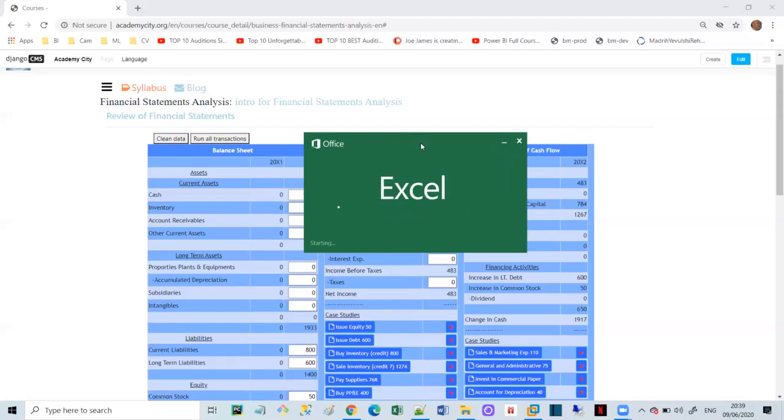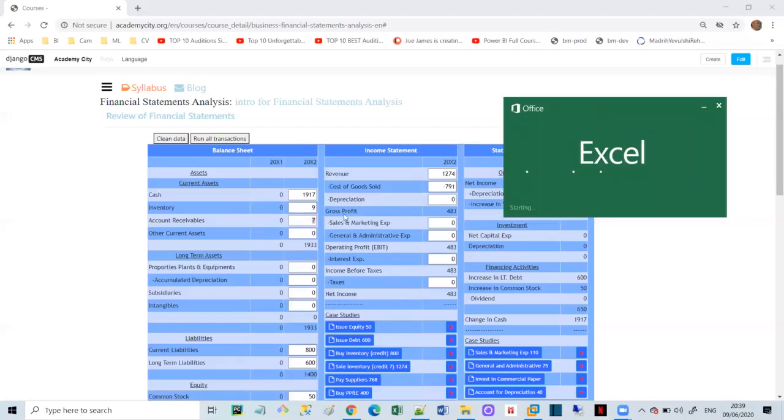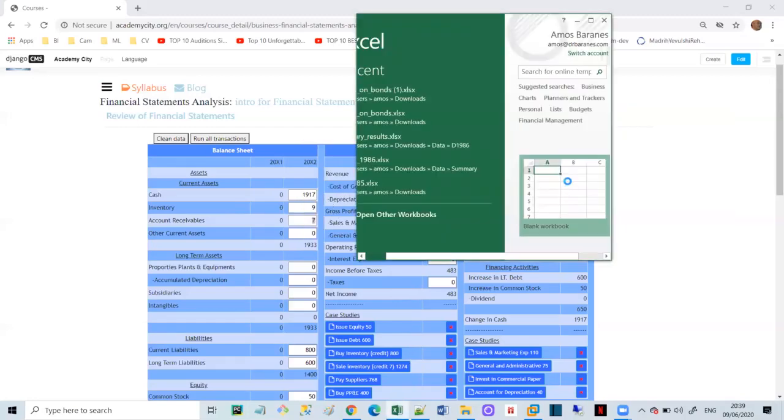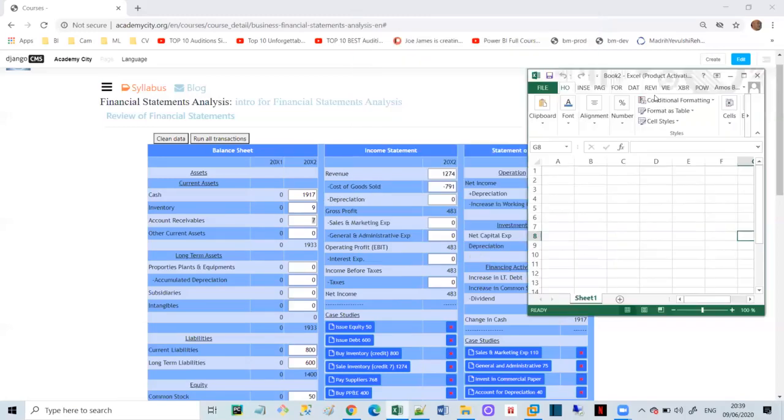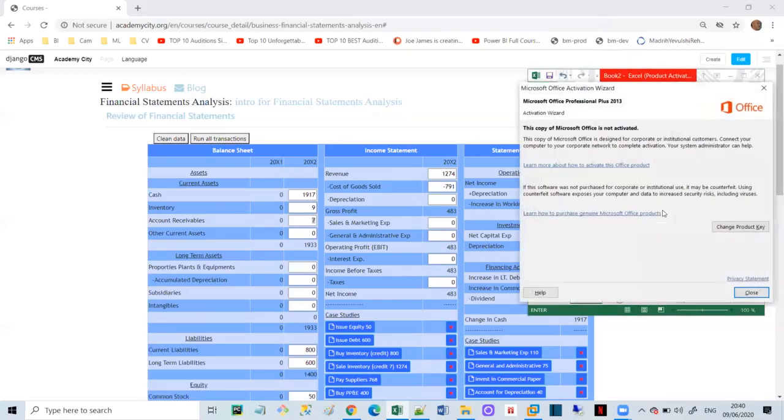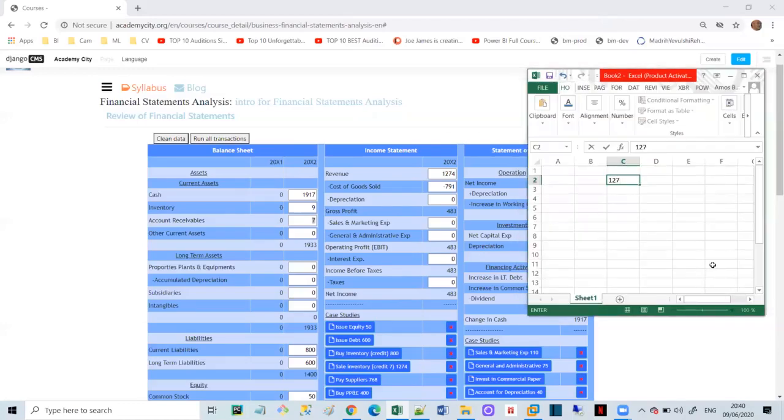We want to understand how much my cash account has really gone up. And here we will see we sold the inventory for $12.74, but I didn't really collect the whole amount. I didn't collect 7.